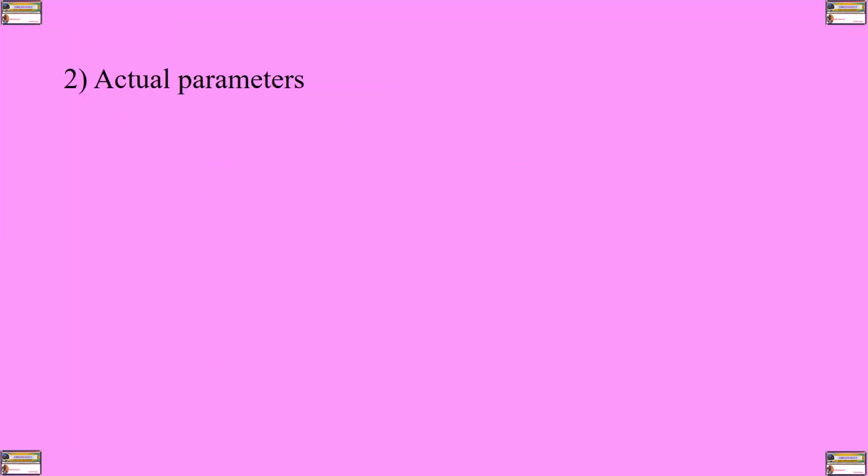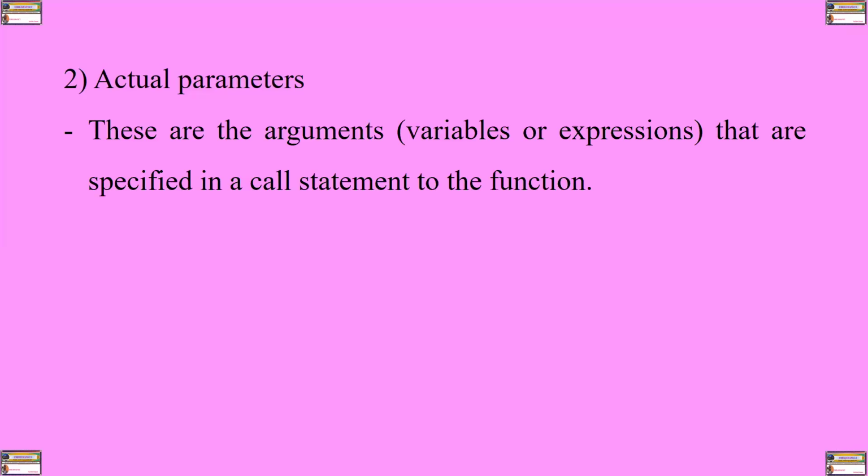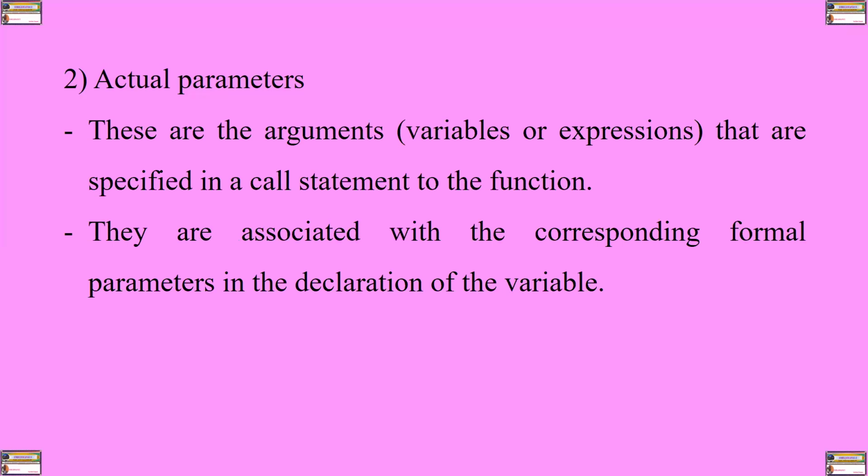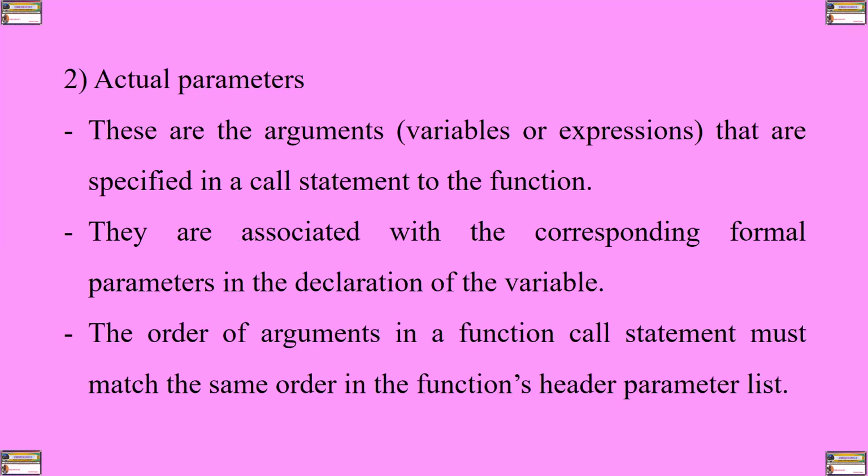What about actual parameters? What are actual parameters? These are the arguments. They are the variables or expressions that are specified in a call statement to the function. They are associated with the corresponding formal parameters in the declaration of the function. The order of arguments in a function call statement must match the same order in the function's header parameter list.